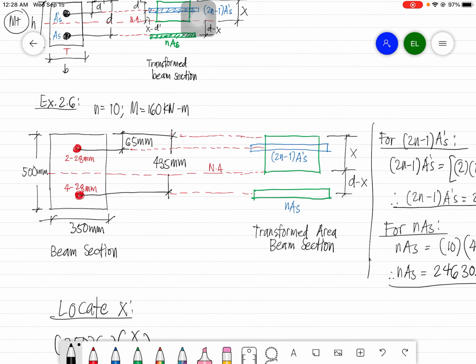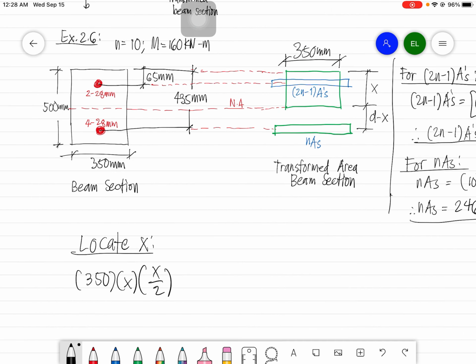Take note, this is for the compression concrete. So this is 350 mm times x, that green one there.